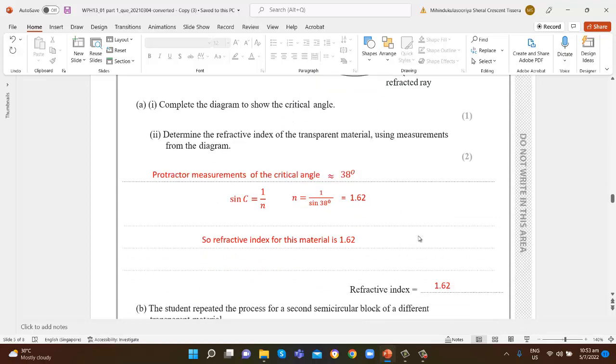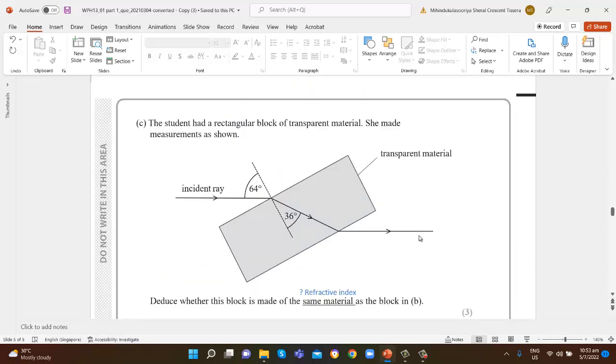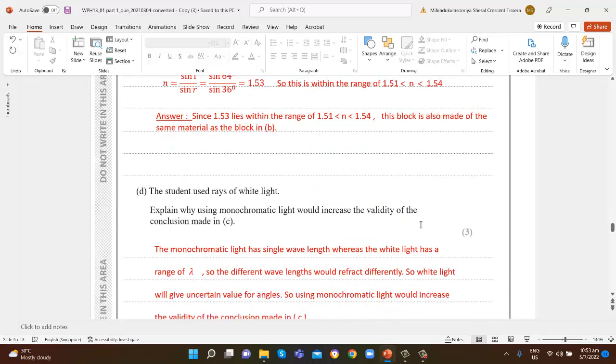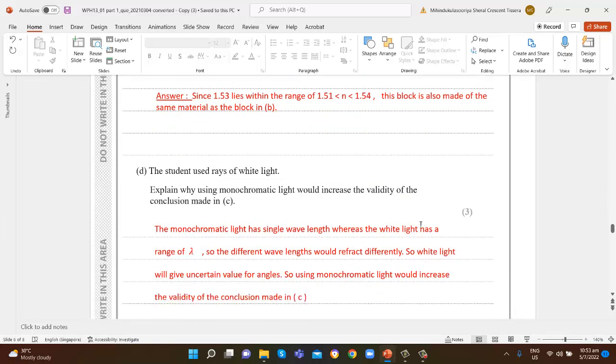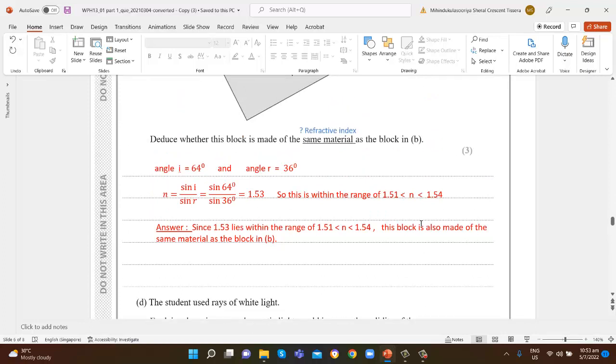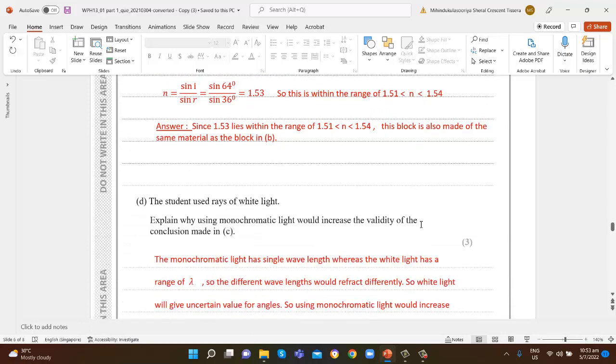So remember those two equations about refractive index. It's done, and we'll move on to part D.